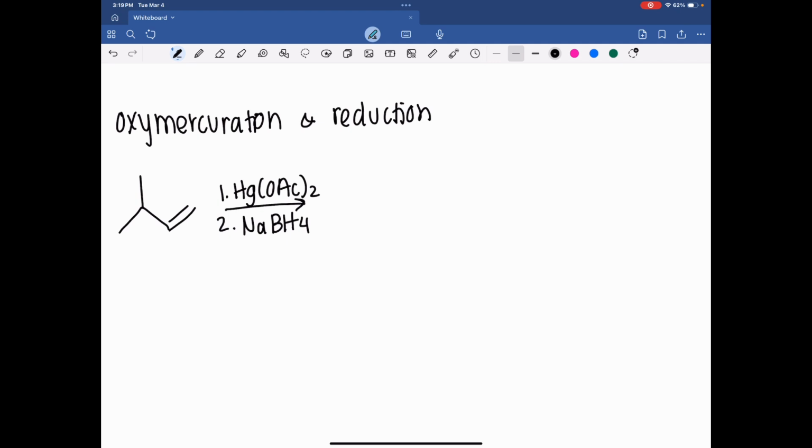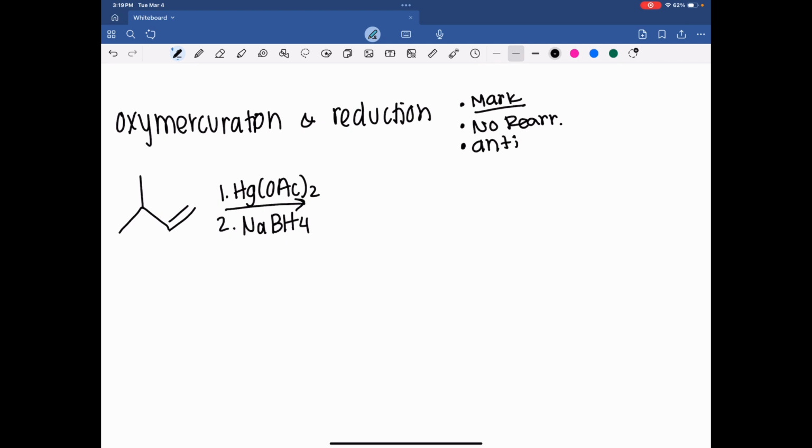So for this one, you don't need to know the mechanism. What you want to remember is that it is Markovnikov. There is no rearrangement possible. There's no carbocation, and it is anti.